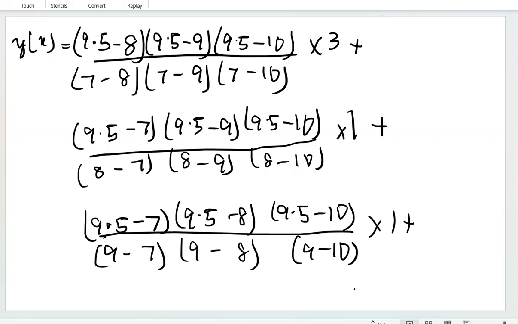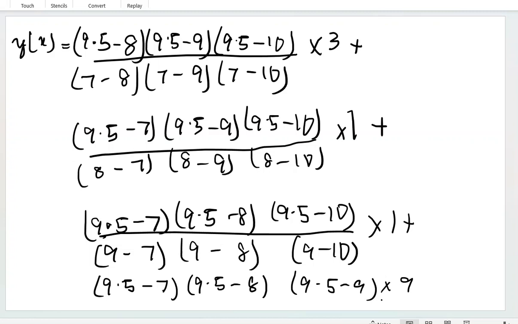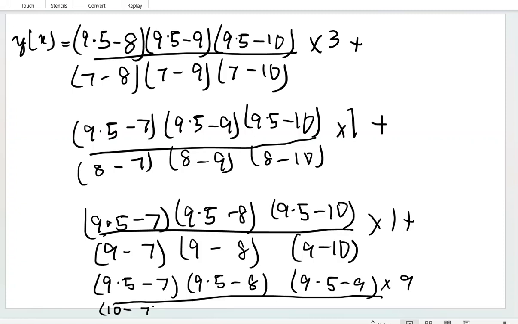Plus we get this as 9. We get 9.5 minus 7, 9.5 minus 8, 9.5 minus 9, and we come down as 10 minus 7, 10 minus 8, 10 minus 9.